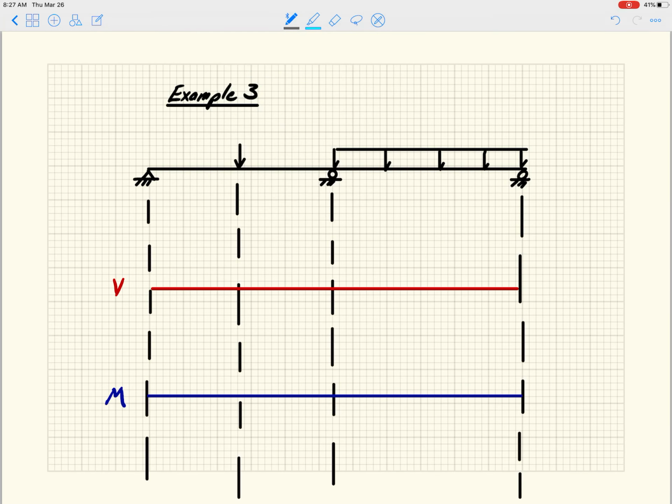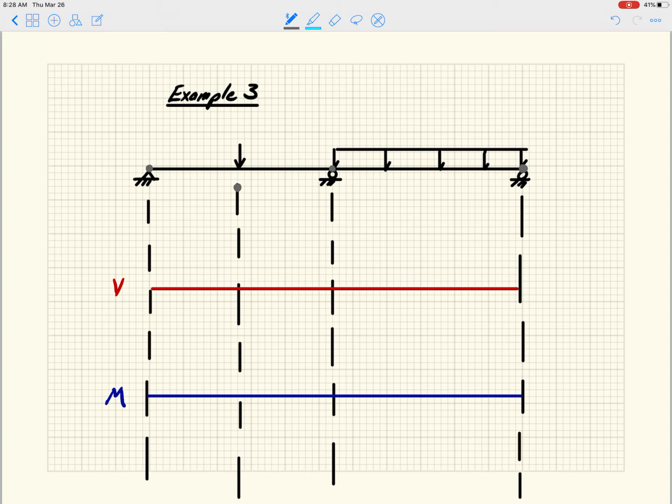Okay, so now we're going to draw our deformed shape, right? And there's a couple sort of variations of the deformed shape, right? But we do know that that point has to be there, this point has to be here, this point has to be here. We know that under this load, this point should move down, right, in general, right?